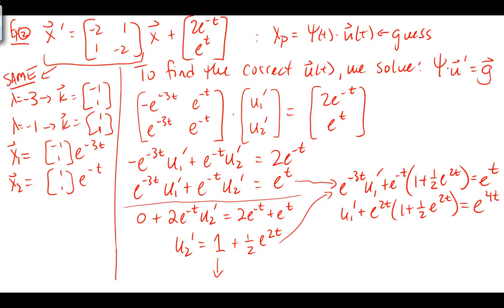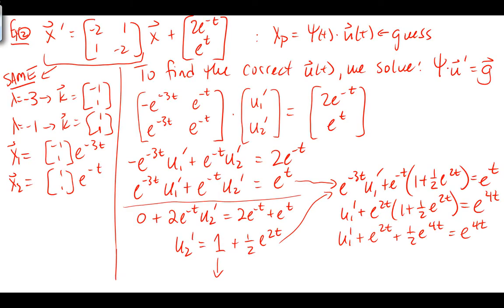And now I just need to move these guys to the right-hand side. So u1 prime, maybe I'll multiply it out first. So I have e to the 2t and 1/2 e to the 4t equals e to the 4t.